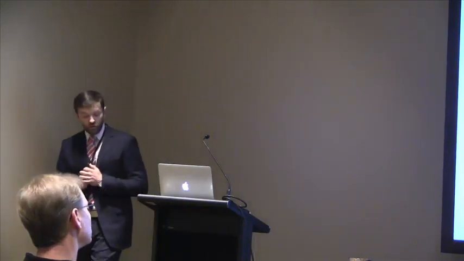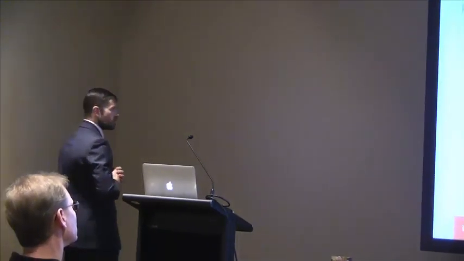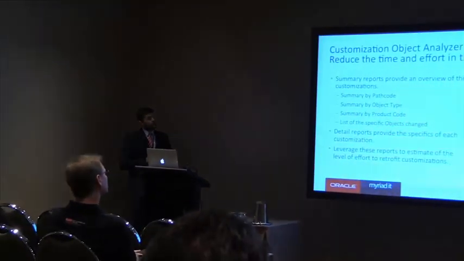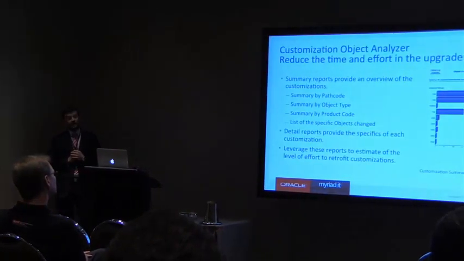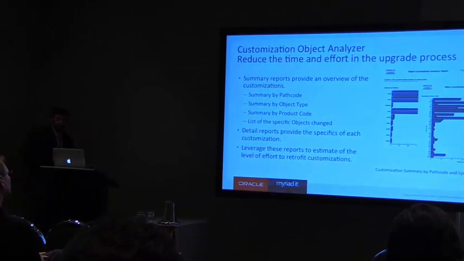The next thing that I want to talk about is new for 9.1. Well, actually, it might be new for 8.12 and above, but it's the Custom Object Analyzer. Okay? The Custom Object Analyzer is a set of BI Publisher reports, so this is for embedded BI Publisher.